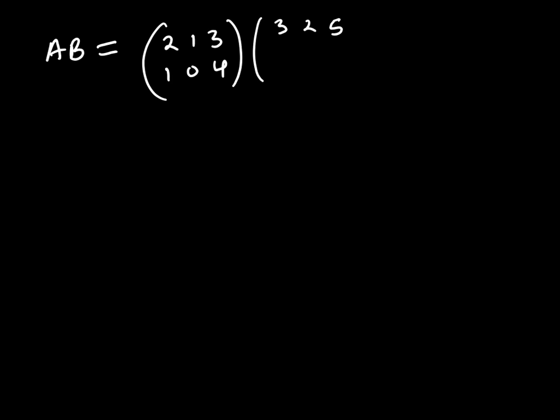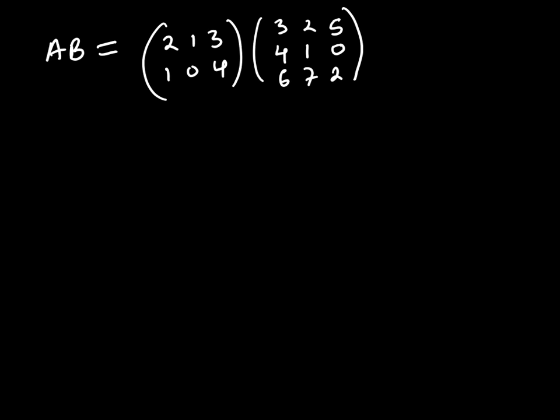So A times B is equal to, matrix A is 2, 1, 3, and then 1, 0, 4. And the matrix B is 3, 2, 5, 4, 1, 0, 6, 7, 2.